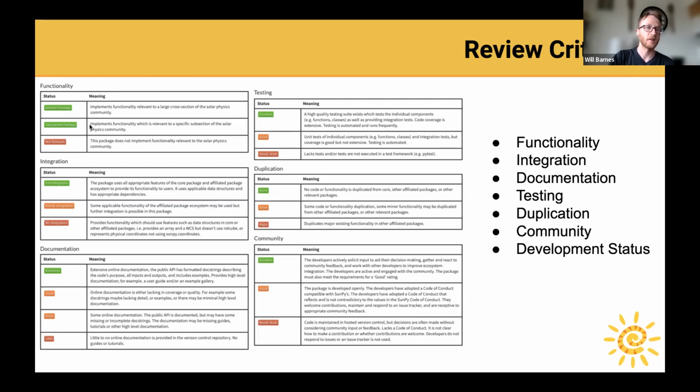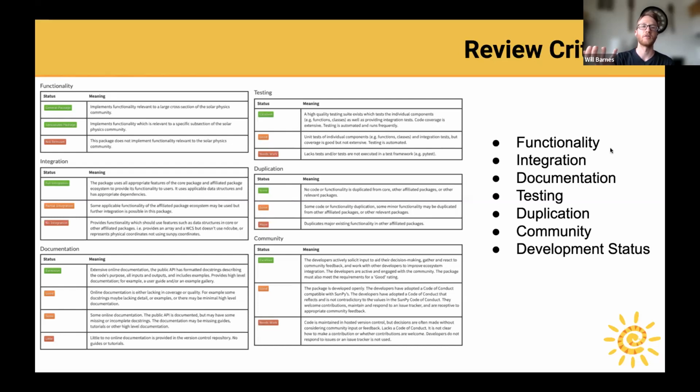You can see that for each of these categories, we have, generally speaking, a green, an orange, or a red category that a package can fall into. Depending on how they evaluate for this particular category, they're assigned one of these badges.